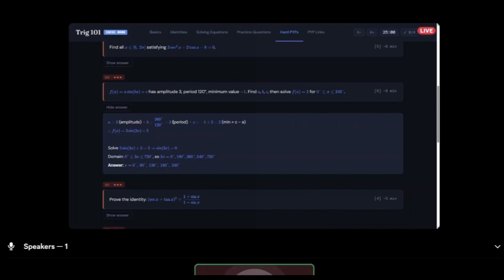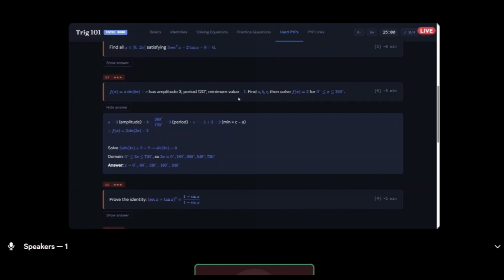How they did that is 360 divided by 120 equals 3. Yeah, my bad, I confused myself just now. You take the original 360 and divide by what the period changed into, which is 120.